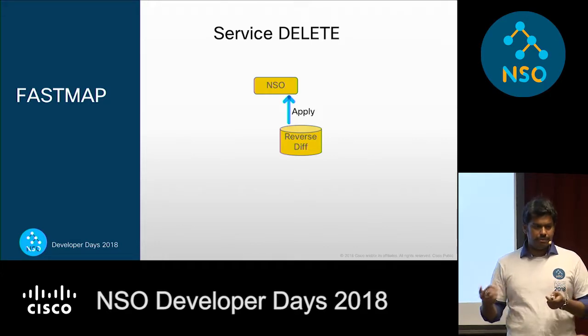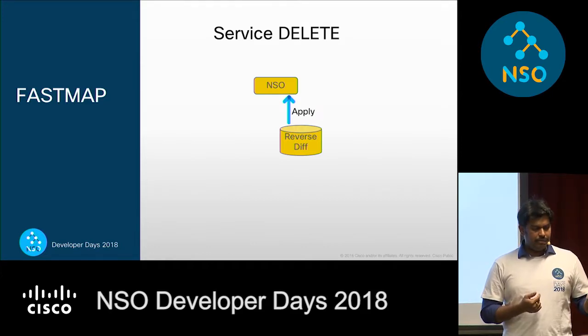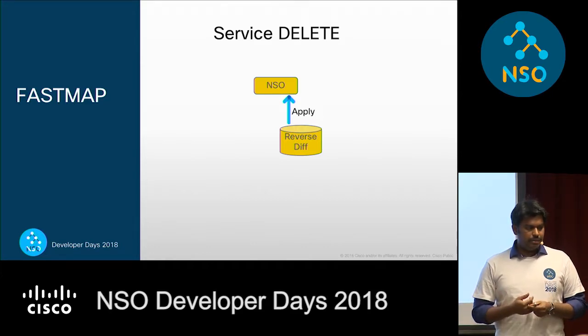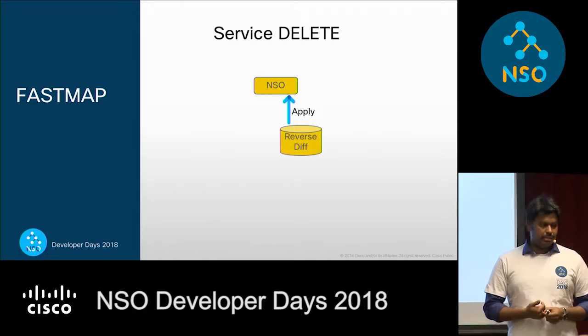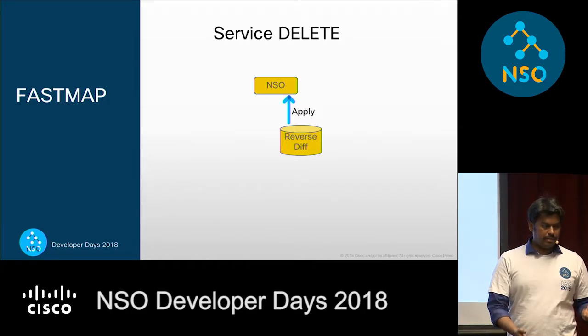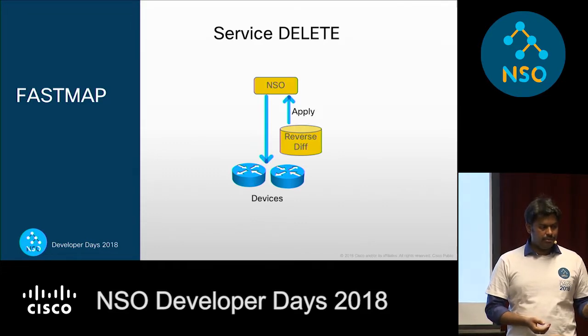So once you sync from the devices, you have the device config in CDB, and you also have the reverse diff for this particular service. So if you apply the reverse diff, you will get the new config that the device has to be in, and then you can calculate the diff between that and the current config in the device. And then you can send that diff to the devices.